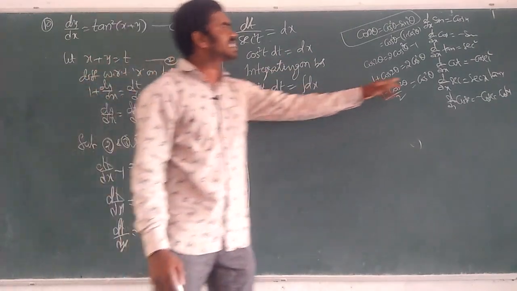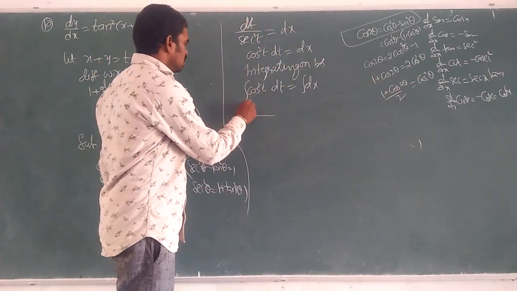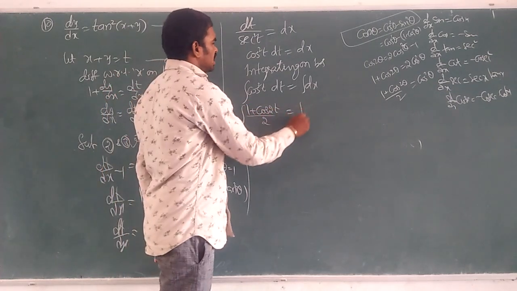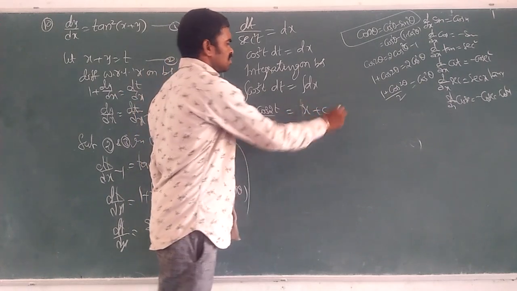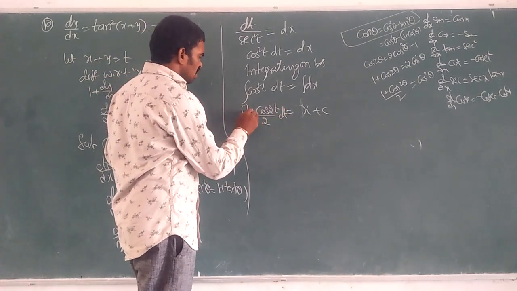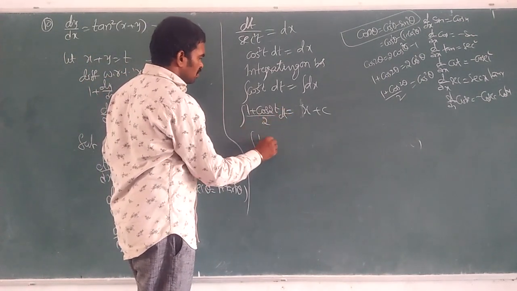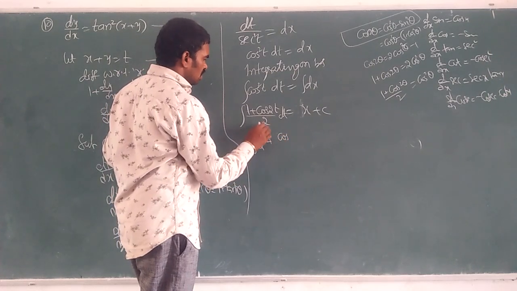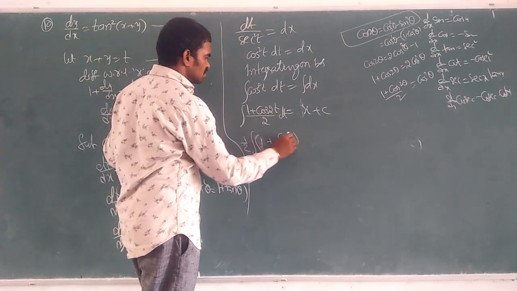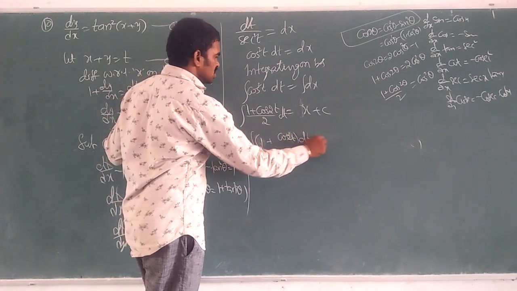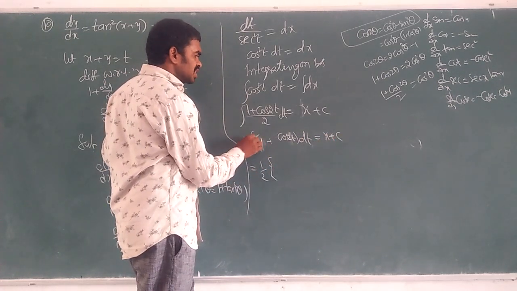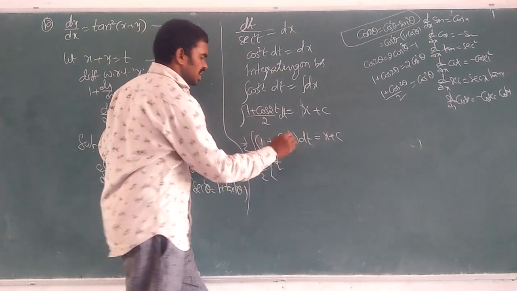Now cos² t means (1 + cos 2t)/2 = the integral of dx. The integral of dx means x plus some constant c. So we should simplify this. Here, 1/2 outside the constant, the integral of (1 + cos 2t) dt = x + c, that is 1/2 times the integral. See, the integration of 1 with respect to t is t.